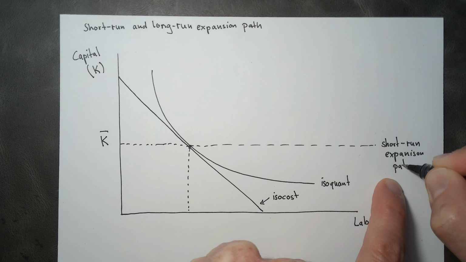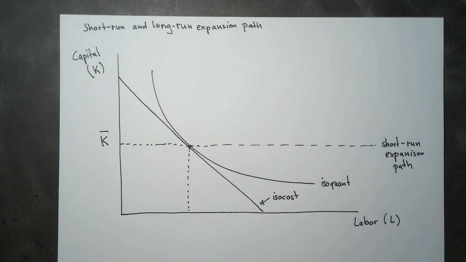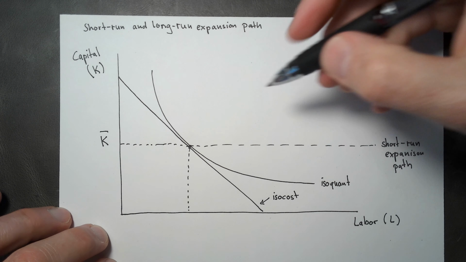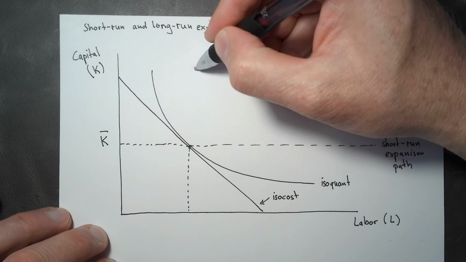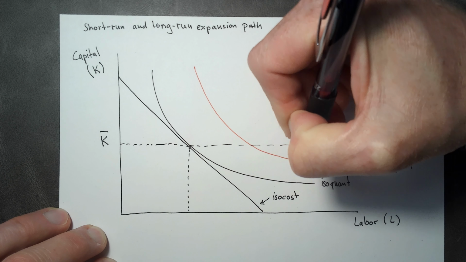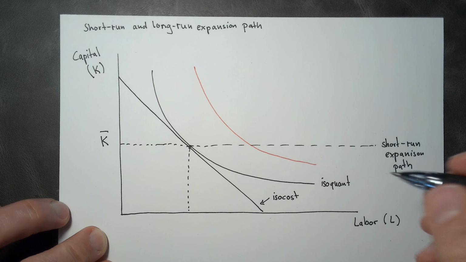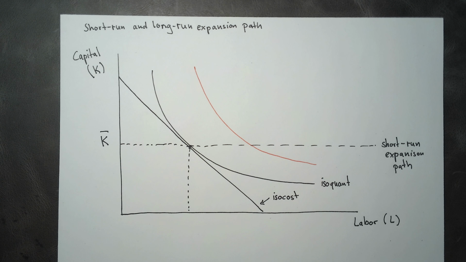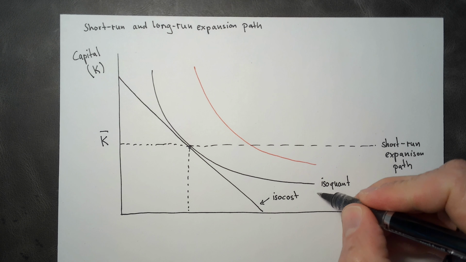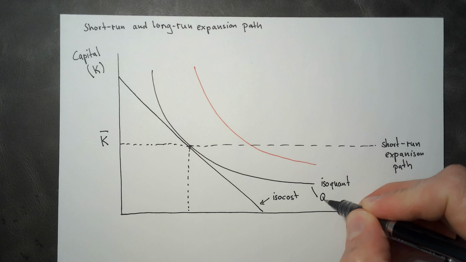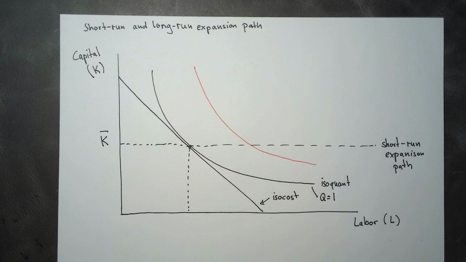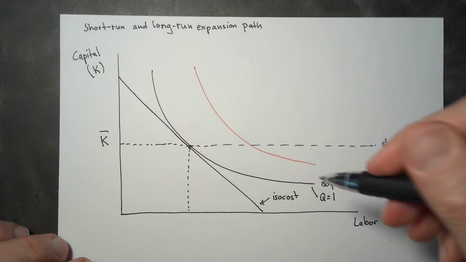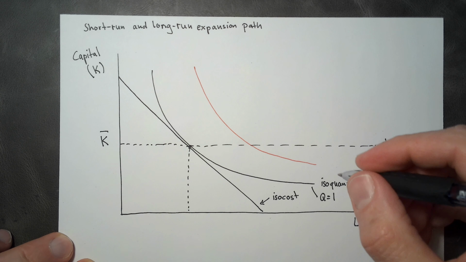Now, if there is an increase in the quantity that needs to be produced, and suppose that we are now going to be on a higher isoquant, so consider this isoquant here to be associated with, say, Q equals 1, and let's keep it simple and assume that this isoquant here is Q equals 2.